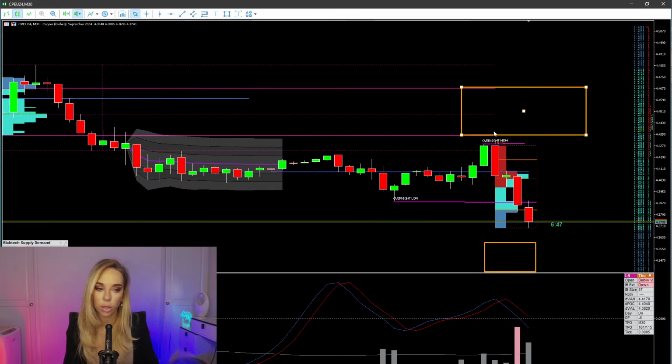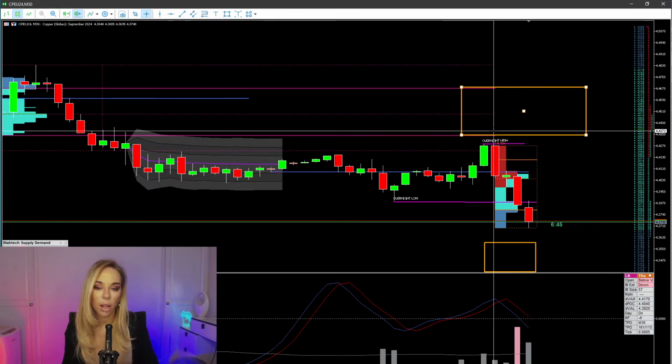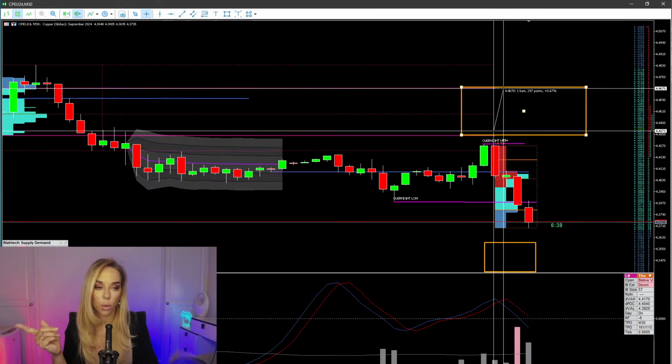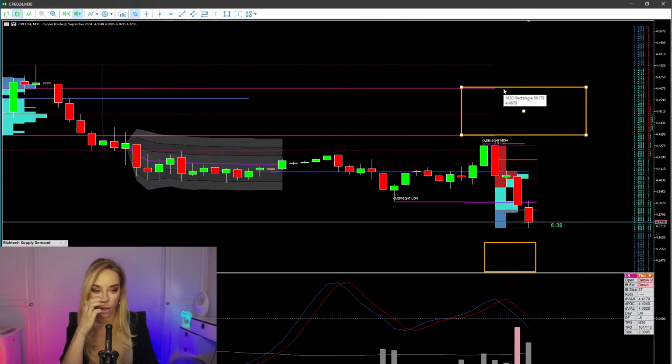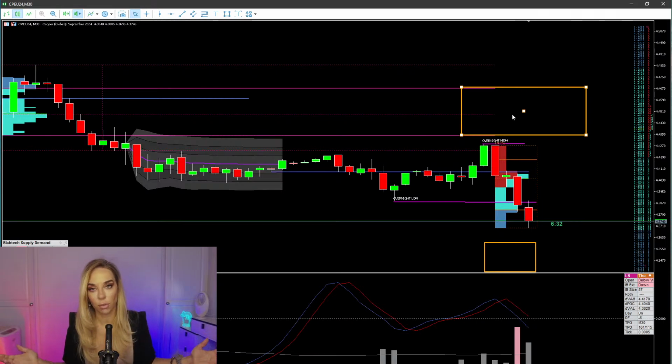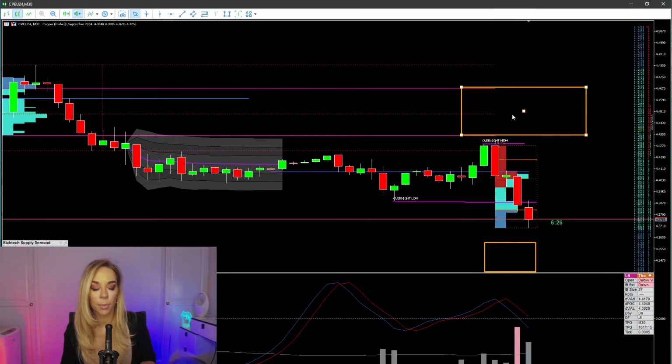We have that special situation play where the distribution from yesterday gets accepted, and then they effectively rotate all the way up to the other side of the value area. It's a very nice tool. Obviously, like I said, nothing is foolproof, right? But it has a pretty high frequency of occurrence and a very high probability of bringing you a nice sustained auction move down, which is what we're seeing here.